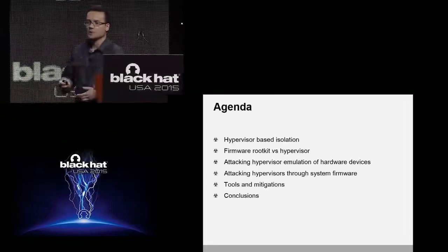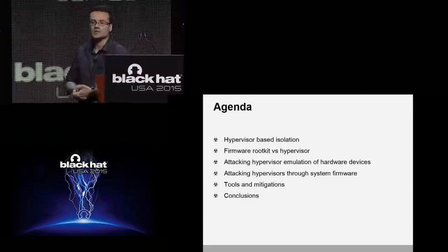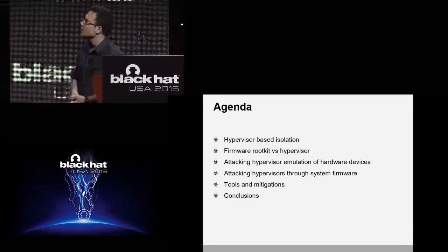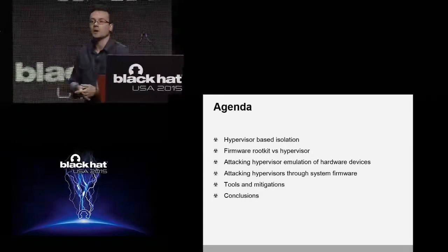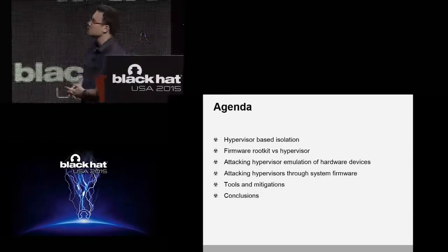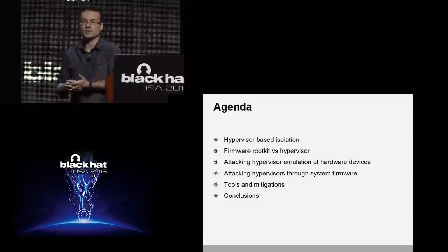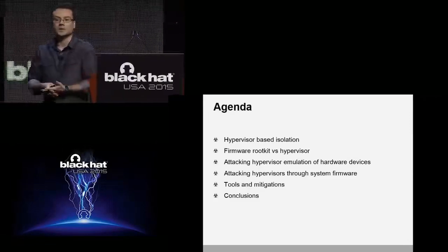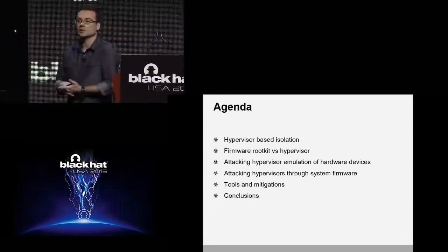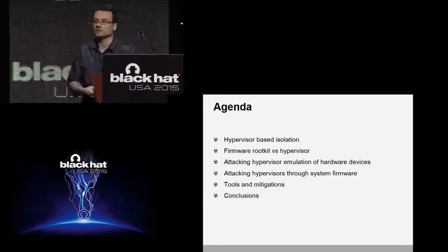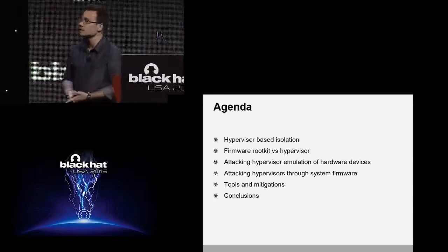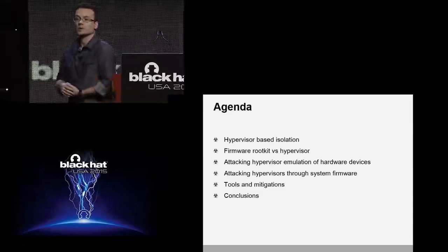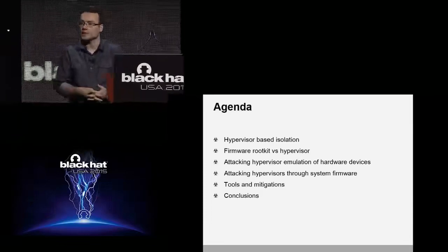Then we'll introduce and demonstrate a firmware rootkit and how it affects the secrets within the virtual machines. We'll spend some time on known attack vectors against hypervisors through hardware emulation, and we'll also talk about attack vectors which, in our opinion, are less explored to date, through the firmware interfaces. And then we'll conclude with some of the available mitigations as well as tools.